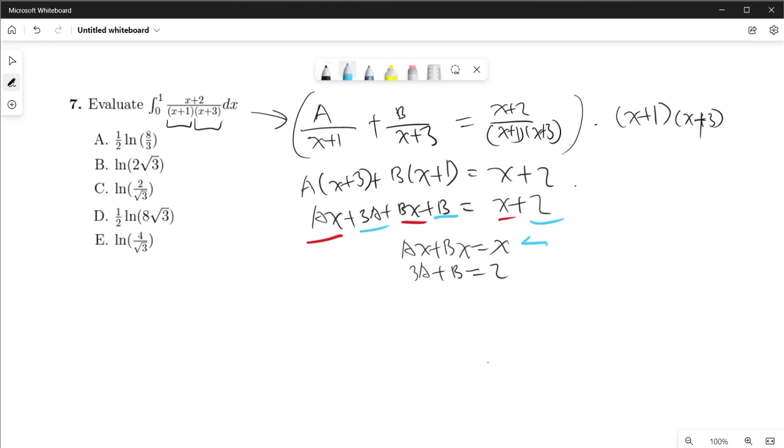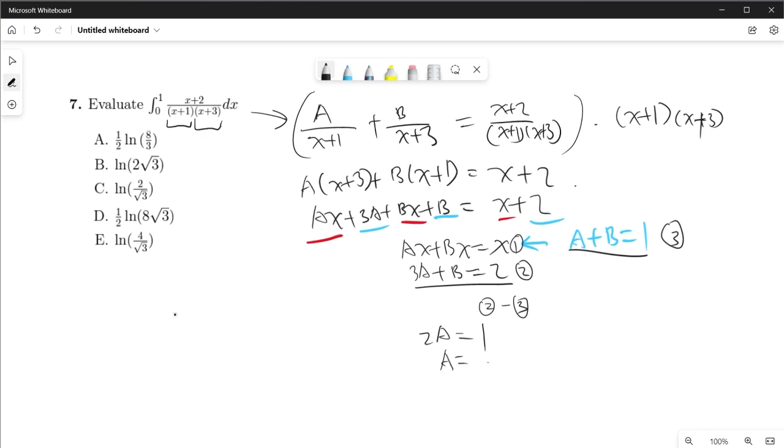For the first equation here, I can divide both sides by x, then I have a plus b equal to 1, right? And then just solving the system of equations here, let's say this is equation 3, equation 2, this is equation 1. I can do equation 2 minus equation 3, then 2a equal to 1, right?